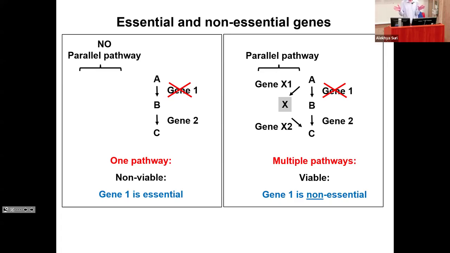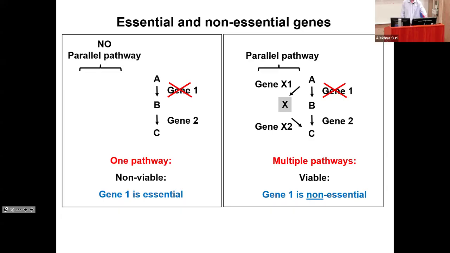When you delete individually about 4,500 genes, you have 4,500 individual yeast strains, and you would see no effect on growth. So this means those would be non-essential genes.